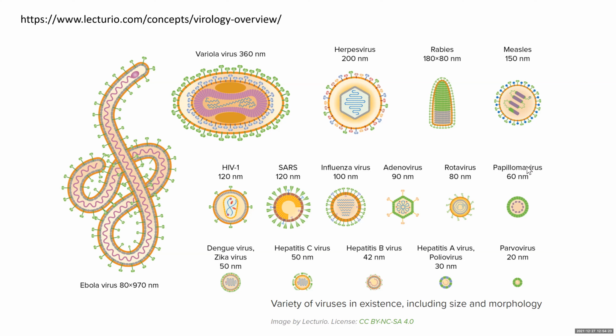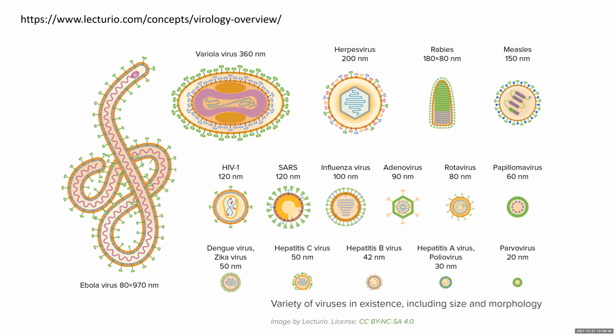Ebola is a filovirus. They're very long and skinny. Rabies viruses are these little bullet-shaped viruses. We already talked about influenza and SARS as examples of encapsulated or spherical viruses.